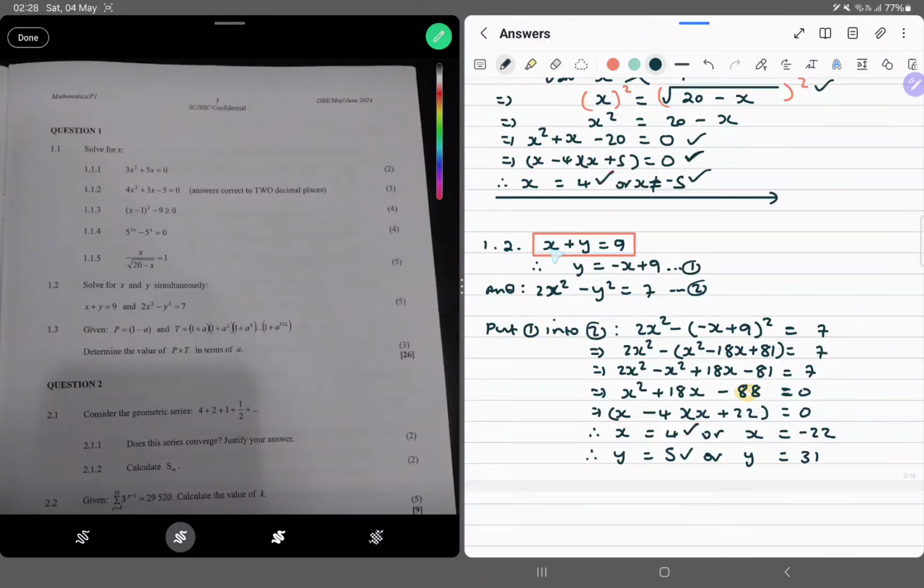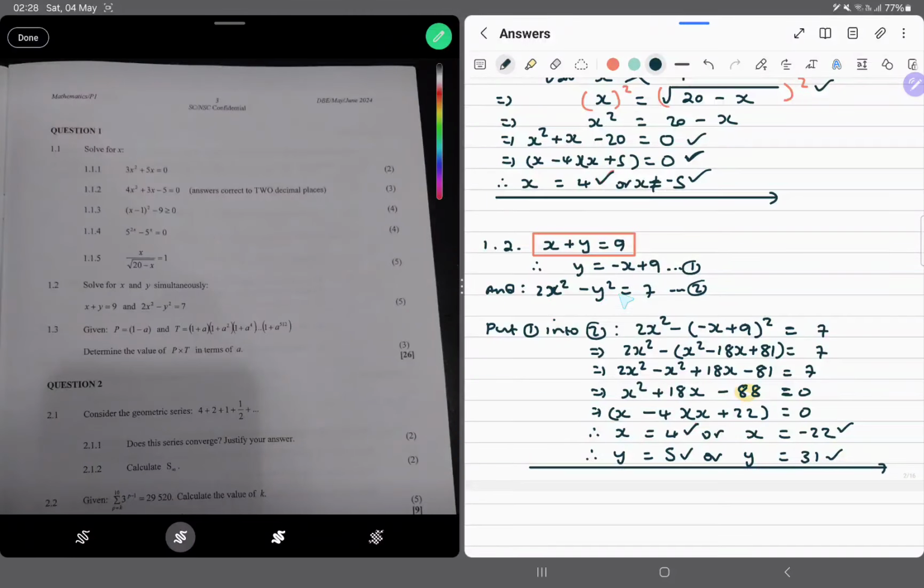So we put 31 there. And then minus 22. So 31 minus 22 is 9. So again, the equation balances when we take those corresponding coordinates. So these are the points of intersection of the two graphs.